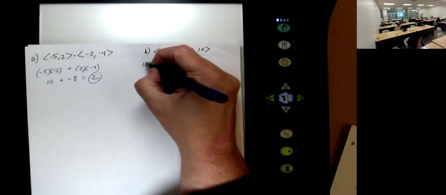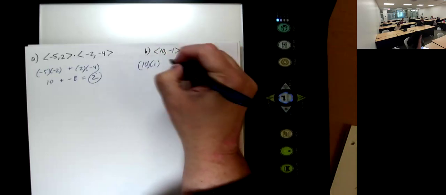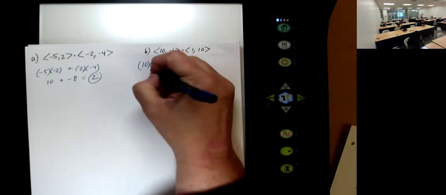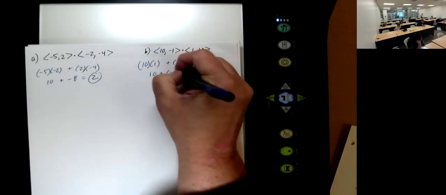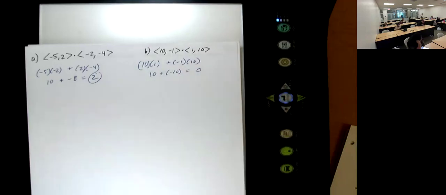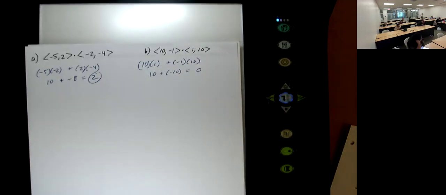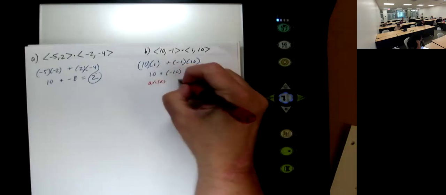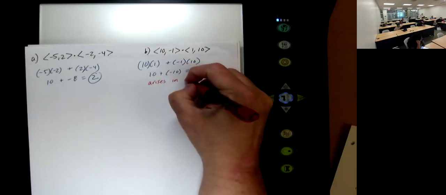Here we have 10 times 1, plus negative 1 times 10. 10 plus negative 10 is 0. This actually arises in a special situation that we'll talk about in a second.